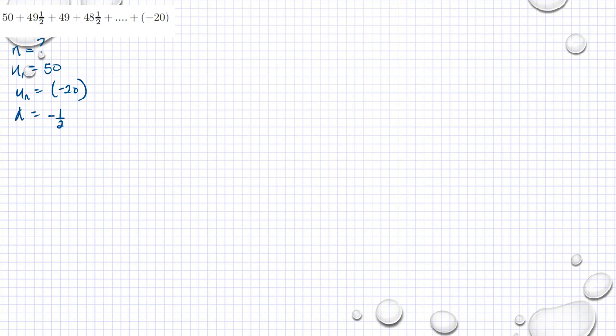Now, we're going to use u sub n is equal to u sub 1 plus n minus 1 times d. So our u sub n is negative 20. U sub 1 is 50 plus n minus 1 times negative 1/2. So if we subtract both sides of the equation by 50, we have negative 70 equals n minus 1 times negative 1/2.